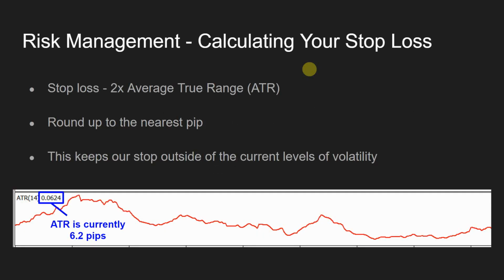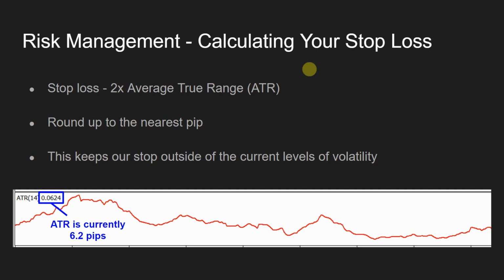The first thing you need to do whenever you decide to pull the trigger and do a buy trade or a sell trade is understand where your stop loss is going to be. For me, I like to use the ATR, whether I'm trend trading, counter trend trading, long-term trading, or scalping.